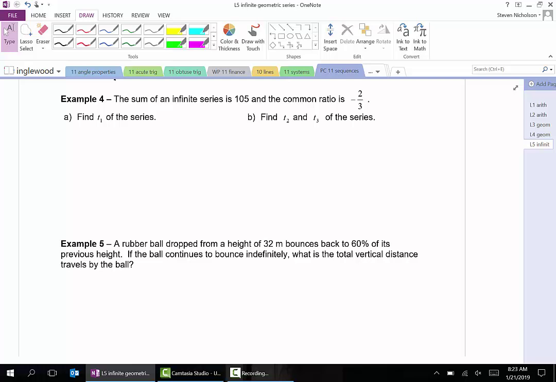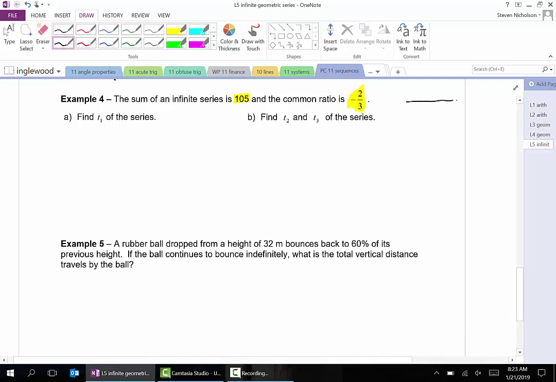The sum of an infinite series is 105, and the common ratio is -2/3. We want to find the first term. First of all, this makes sense: if the sum is a finite number, something converging to 105, then the ratio has to be between -1 and +1, and -2/3 is between -1 and +1.